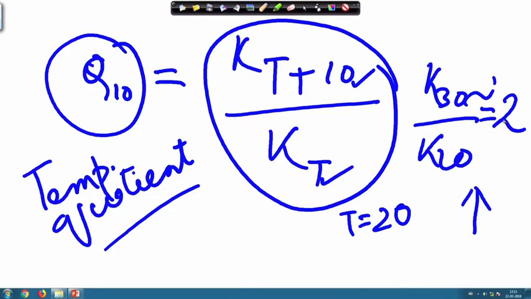And if the reverse is done, that is, if the temperature is lowered by 10 degree, so from 30 degree to 20 degree it will become half of that, that is inverse of 2, that is half. From 20 degree, if it is lowered by 10 degree to 10, then whatever the rate of reaction was at 20, now it will become half of that at 10.